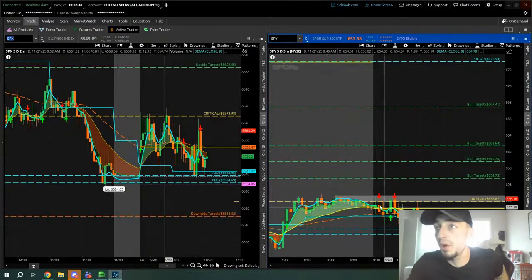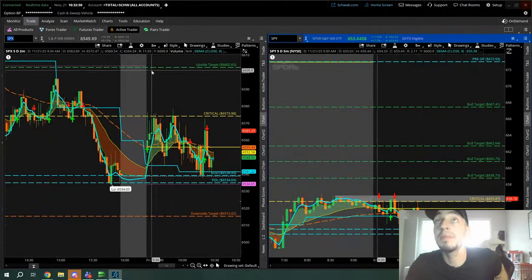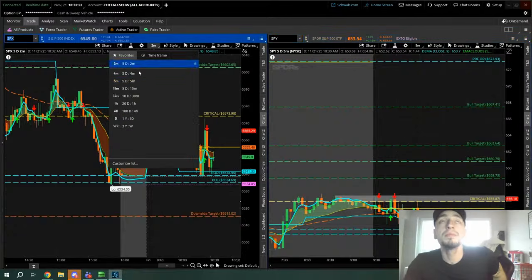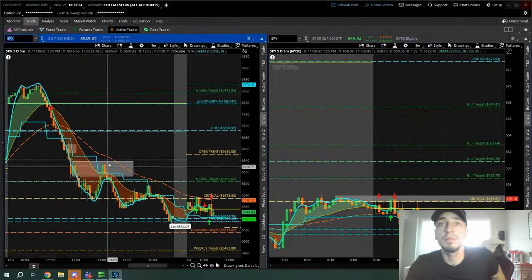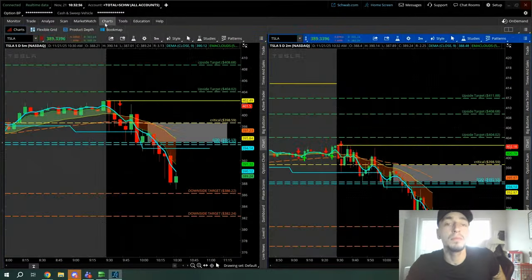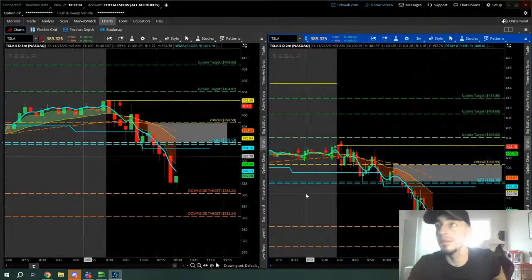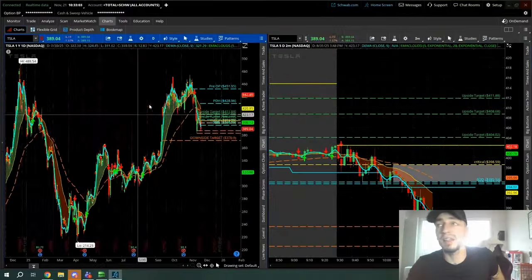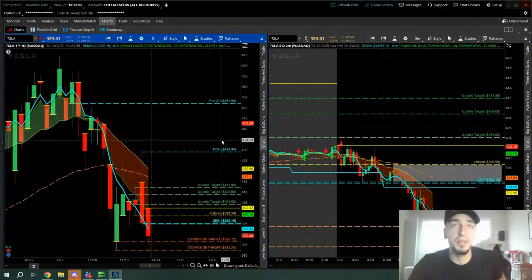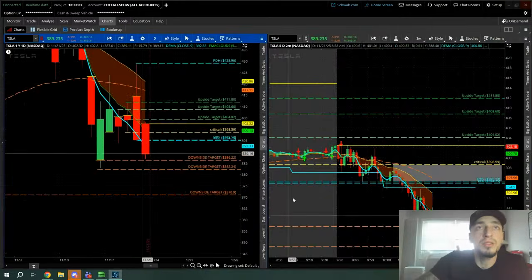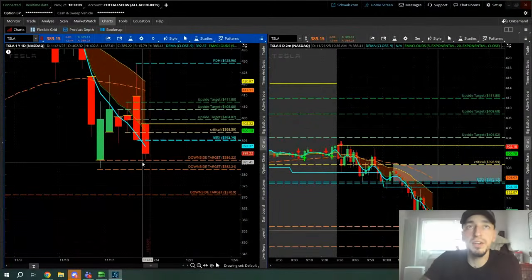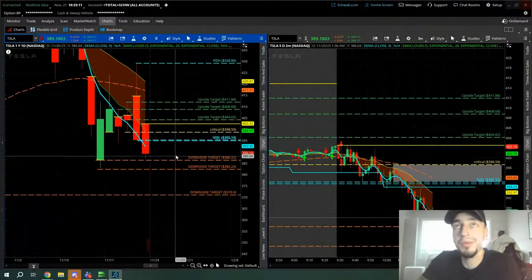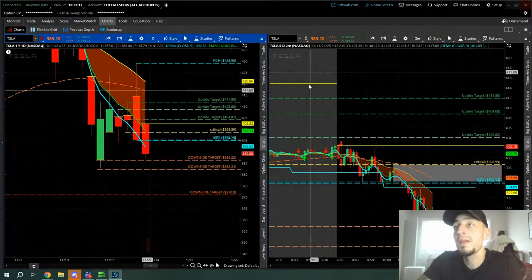All right, we're coming up to open print. Great trade on Tesla. Let's take a look at Tesla's larger time frame here and see where we're at. We're starting to approach a key level here on Tesla at 386.22.